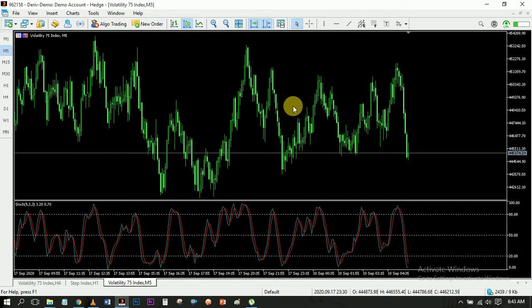Basically, how the strategy works is, first of all, you need to get a few indicators that are required. They're free indicators that you don't need to download.